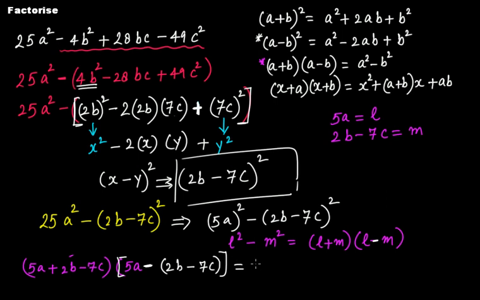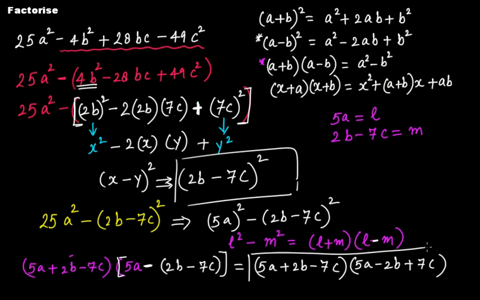So this becomes (5a plus 2b minus 7c) multiplied by (5a minus 2b plus 7c). This is your factorization of this algebraic expression. And why is this the final factorization? Because it cannot be further broken down in its factor form. This is an irreducible factor form of this one. So this was about the factorization of this algebraic expression.